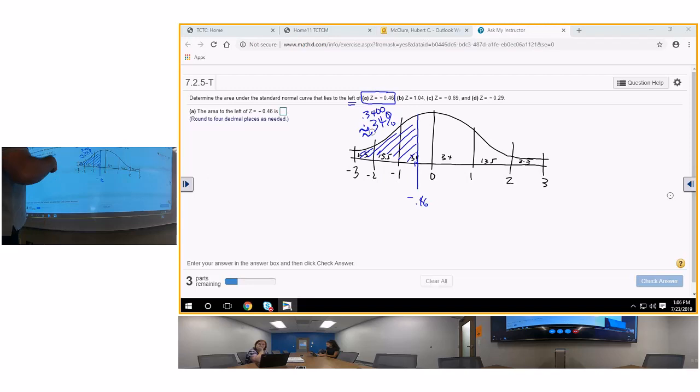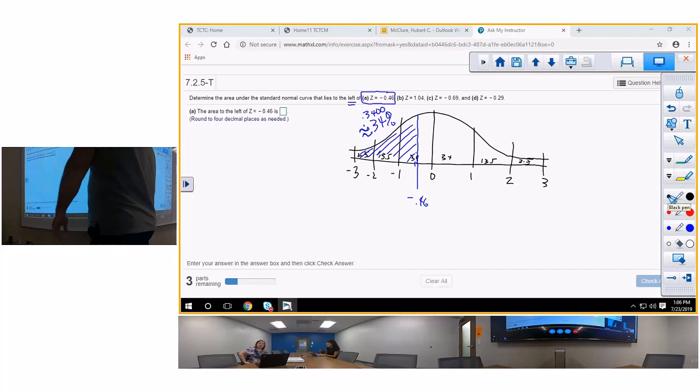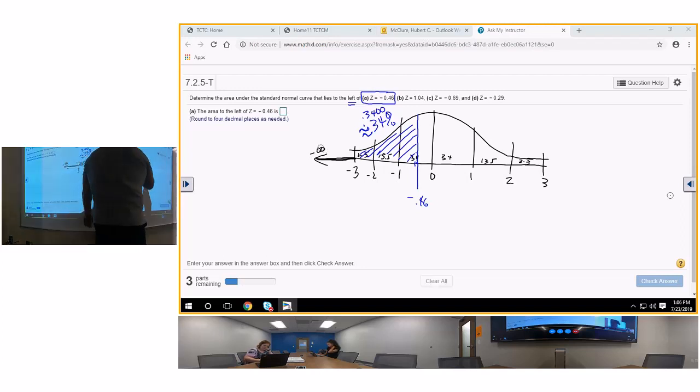Now you don't have to use the table. You can just use your calculator. Let's take your black marker, and we know this arrowhead over here is called negative infinity, and this arrowhead over here is called positive infinity. Positive infinity is represented in this class by 9999.